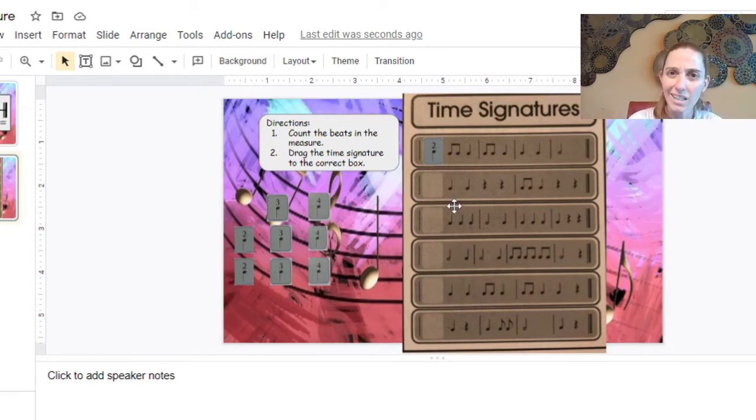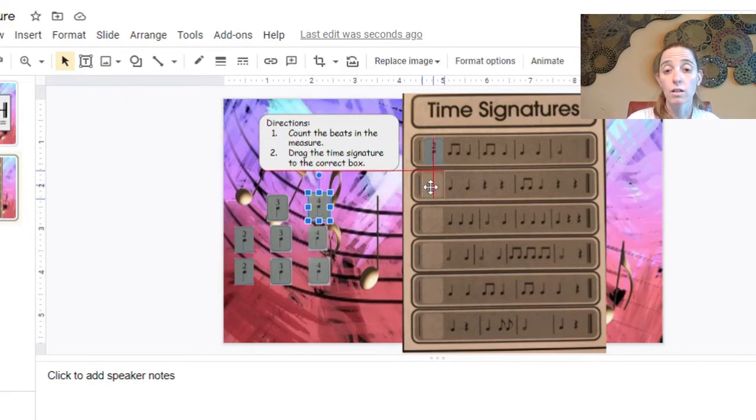So how many beats do we have before we get to a bar line? So we have 1, 2, 3, 4. So would we use a 2, a 3, or a 4? Yeah, let's use a 4. Drag that up.